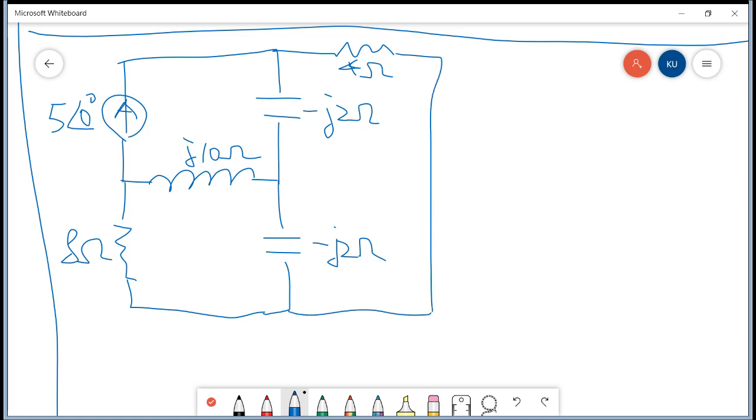And here is the voltage source, which is 20 at 90 degree volts.